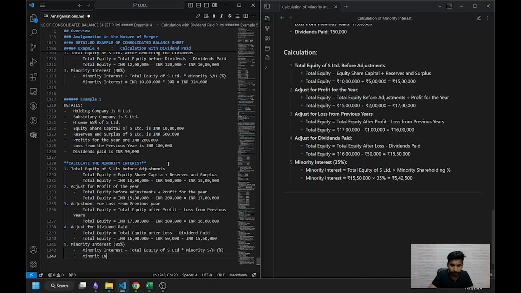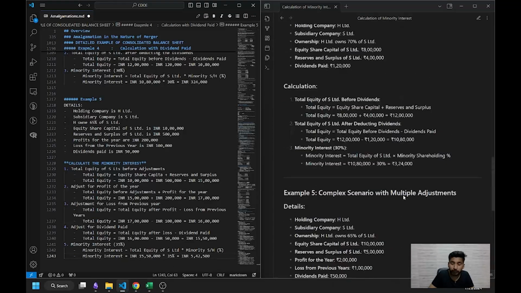Minority interest is equal to INR 16 lakh 50,000 multiplied by 35%, which is equal to INR 5 lakhs 77,500. And this will be the total amount of the minority interest.